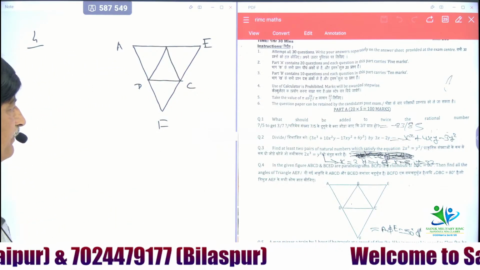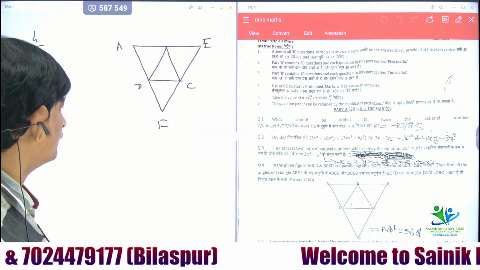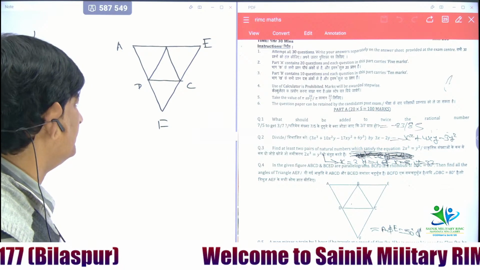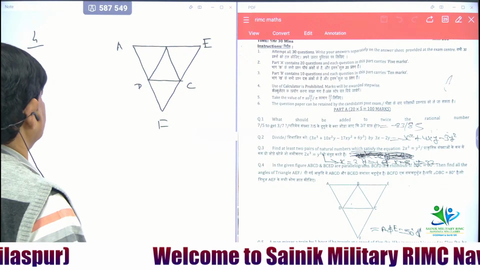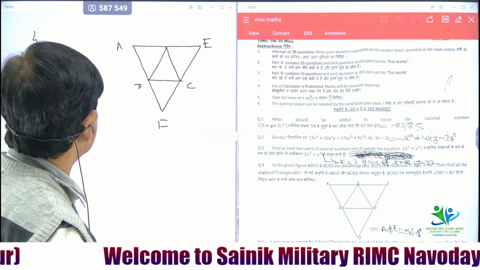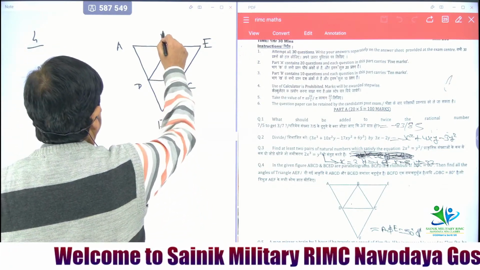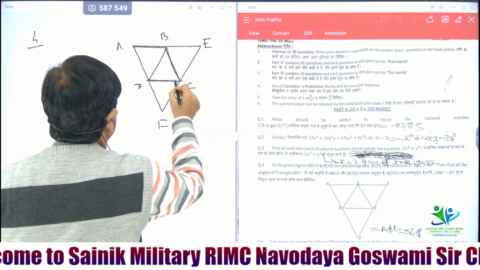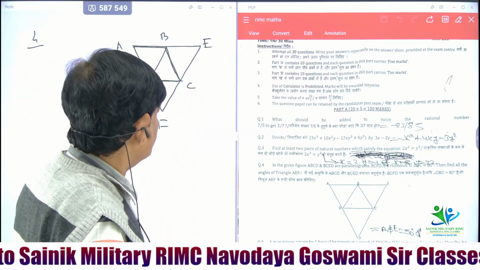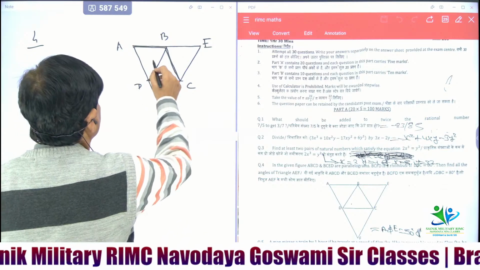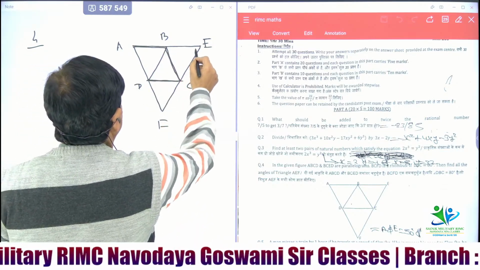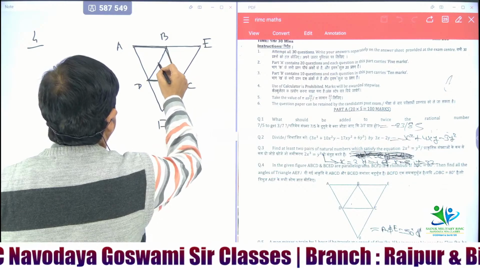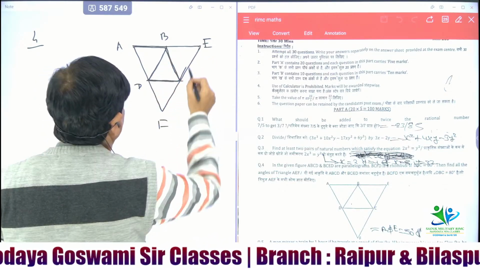This figure is given and already given in the question that ABCD and BCED are parallelograms. ABCD is the parallelogram. And also BCED is a parallelogram.